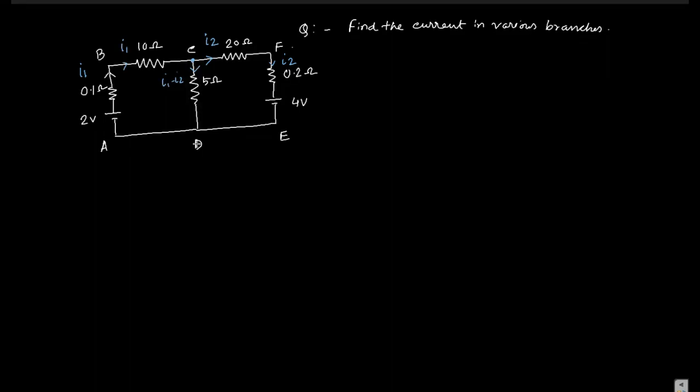That depends upon how you choose the path. So now we can consider applying KVL to the A, B, C, D, A loop, that is a closed loop.